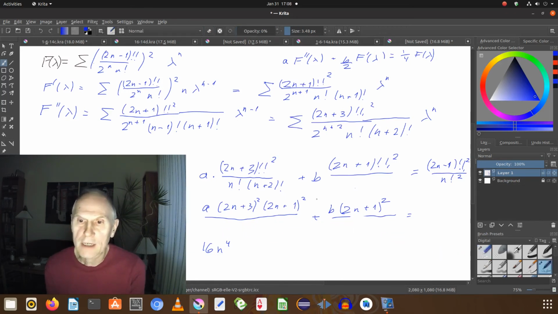So backstepping a bit. So that's the usual thing, that it stops working suddenly.